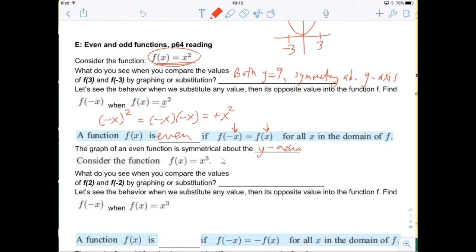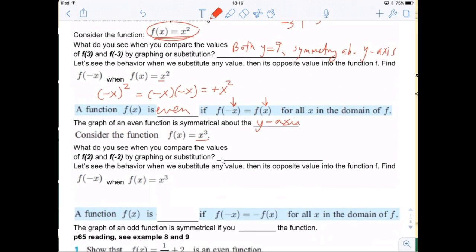Consider the function f of x equals x cubed. What do you see when you compare the values of f of 2 and f of negative 2 by graphing or substitution? Just to refresh your memory, x cubed looks like that. The negative values of x for x cubed become negative values of y.